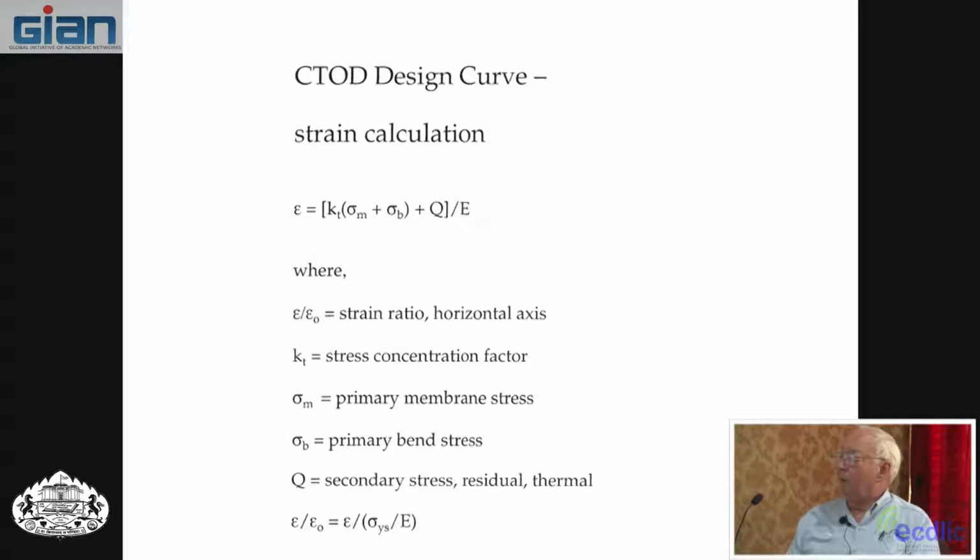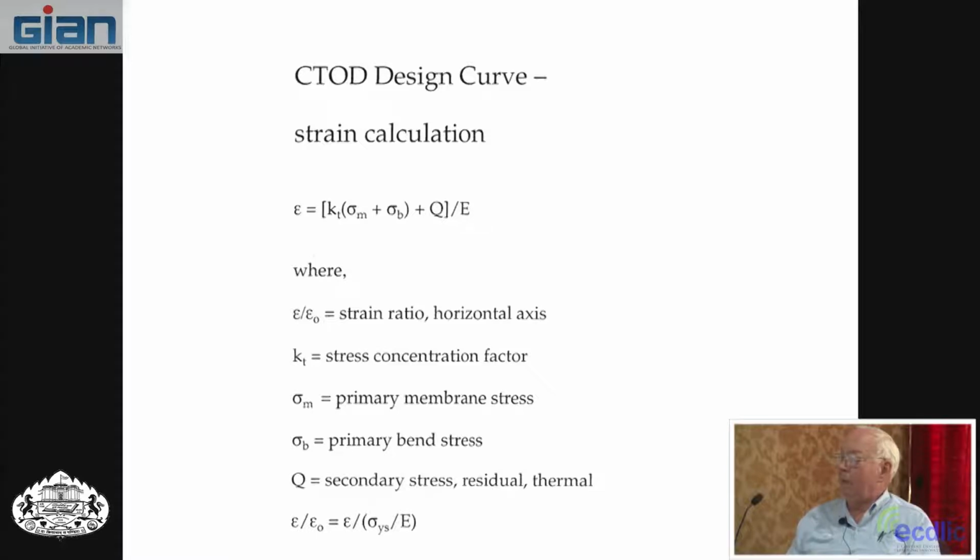The first value of stress they use is primary membrane stress. That would be like a tension, P over area, load over area stress. Primary bending stress, that would be the bending moment, MC over I we call it.